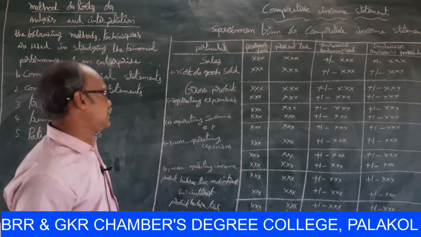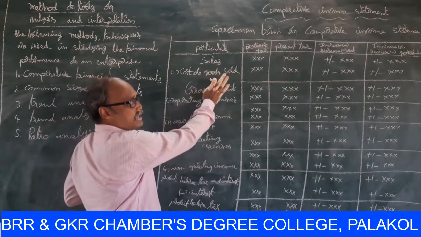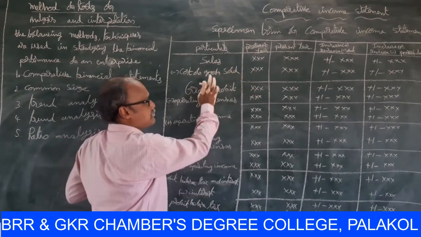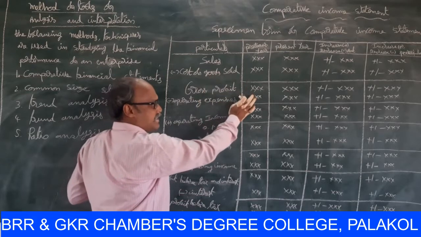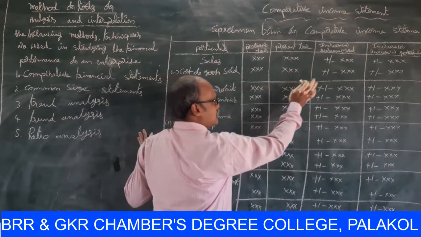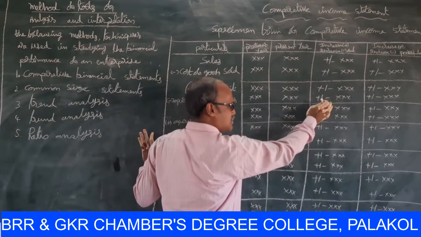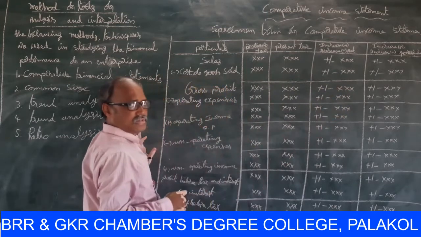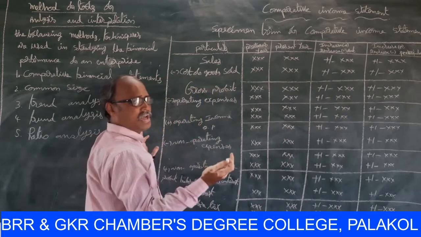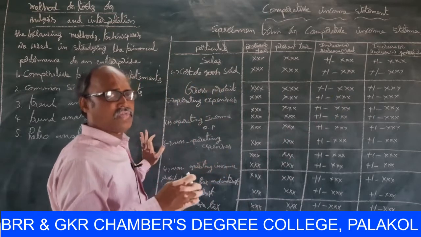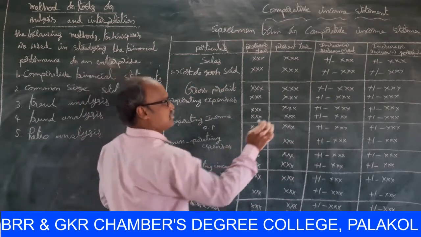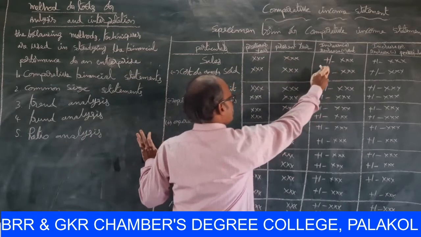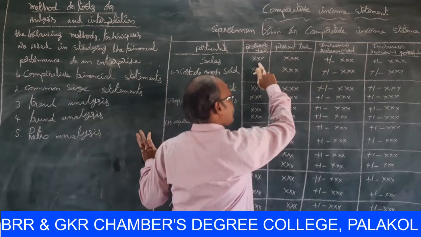So once again, the specimen form for comparative income statement has 5 columns: particulars, previous year data, present year data, increase or decrease in amount, and increase or decrease in percentages. The formula for calculation of percentage is change of amount by previous year data into 100.